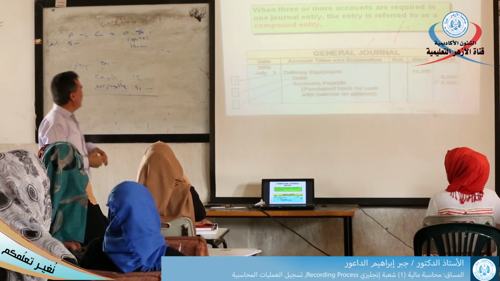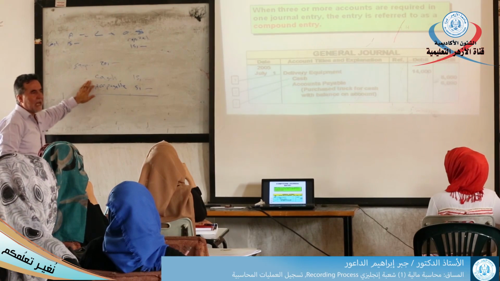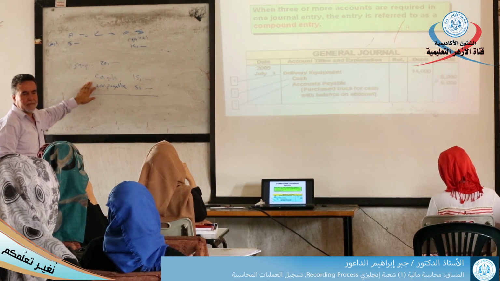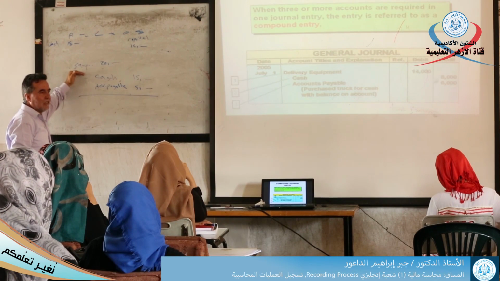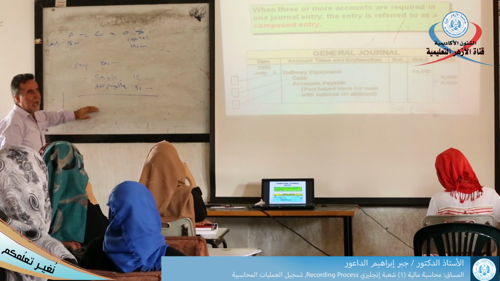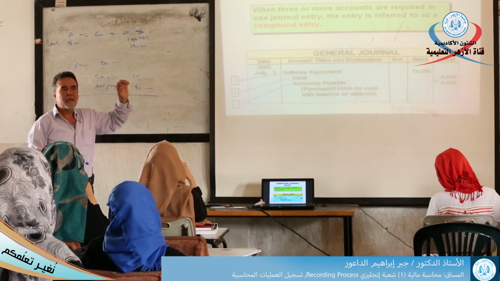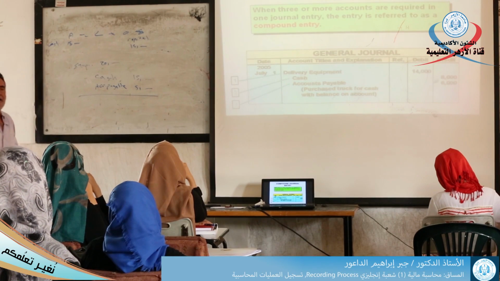Why? Because the credit side has more than one item. So if the debit side or the credit side has more than one item, the entry is called a compound entry.